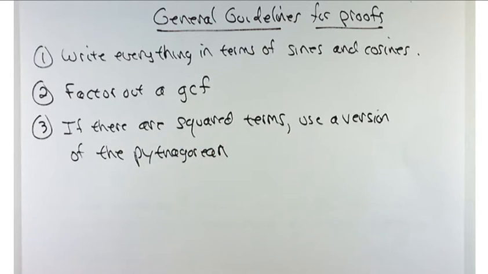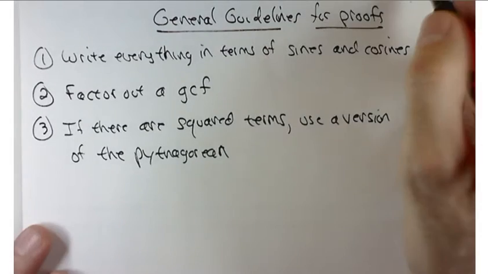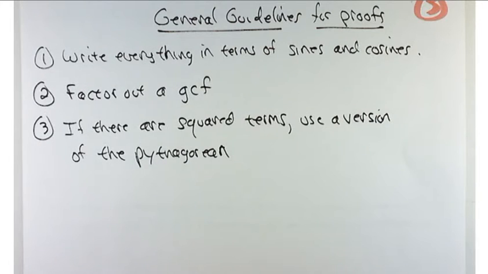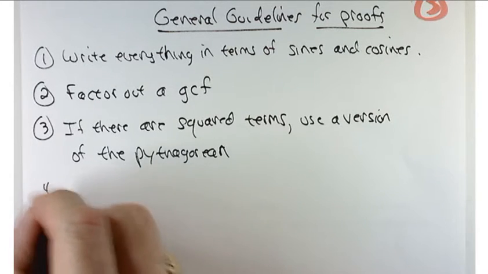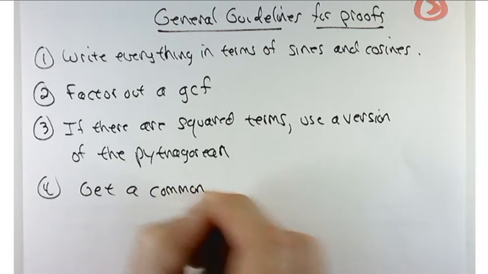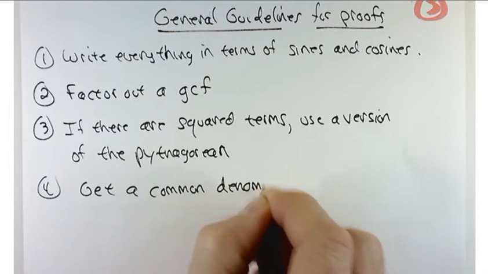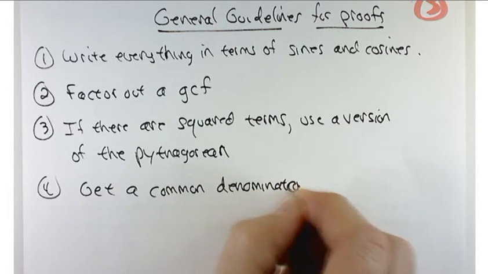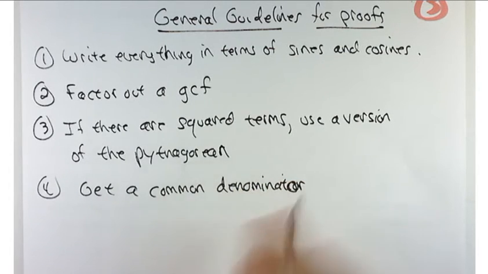In the last problem, problem number 22, I figured out what I needed, and then I figured out the identity that went along with it. I needed an identity that had a sine squared in the denominator, so I divided everything through by sine squared. What else? Sometimes you want to get a common denominator. If you can bring two things together, great. Try that.